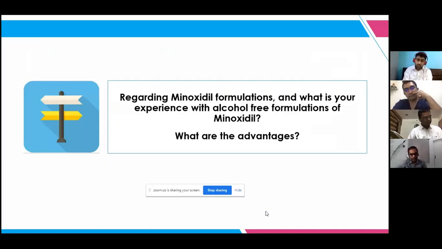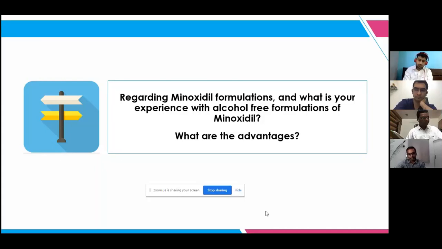Technically, some patients complain of excessive irritation and dryness of the scalp and matting of hair. They are not very comfortable with the alcoholic preparation. When they complain of these things, then we put them on alcohol-free preparations, which are aqueous-based minoxidil, but I have a reservation about the efficacy of aqueous-based minoxidil. I always feel that the results are a little inferior when compared to alcohol-based minoxidil preparations.